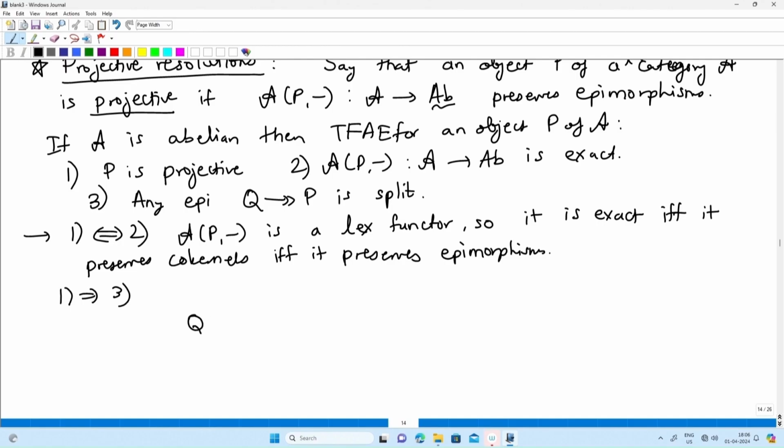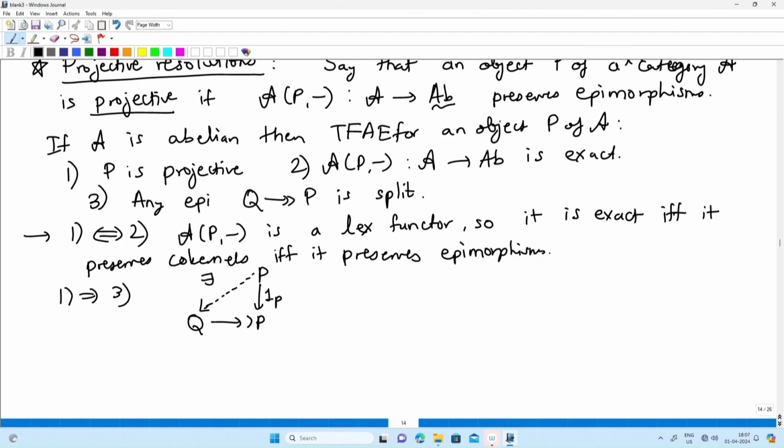So you can say this is Q to P, and then this is my P, and I take identity to P. Now, this is an epimorphism. So therefore, there must exist some map here such that the diagram commutes. That is condition 1. So there exists such a thing. So that will be the splitting.